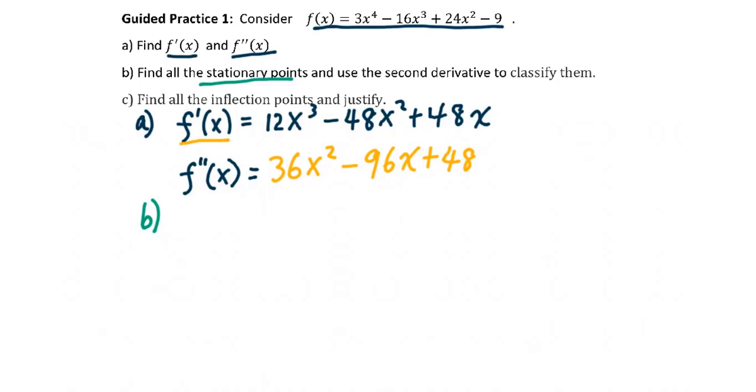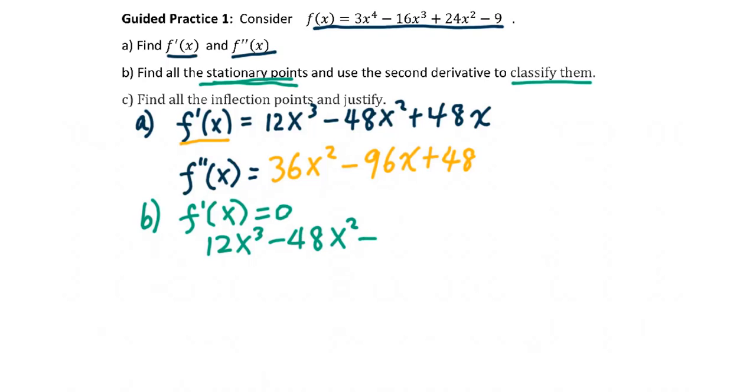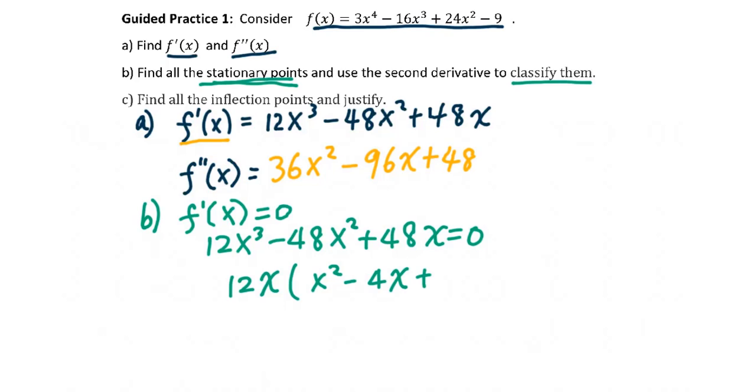For part b, find all stationary points and use the second derivative to classify them. For the stationary points, we set the first derivative equal to 0, which means 12x to the third power minus 48x squared plus 48x equals 0. We take the common factor 12x and get x squared minus 4x plus 4 equals 0.